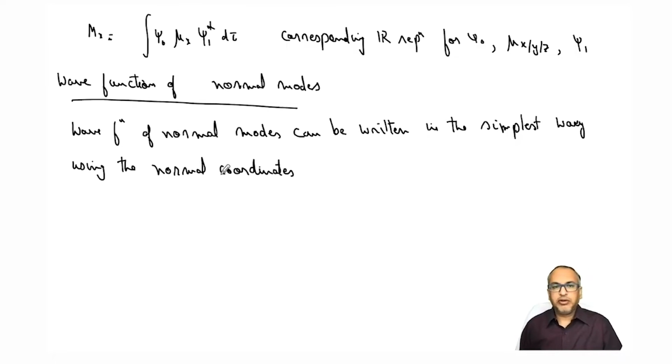So if we know the symmetry of the normal coordinates, we can back-calculate the symmetry of the wave function, right? That means we should know the symmetry of the normal mode, and correspondingly the symmetry of the normal coordinate can be predicted, and from there the symmetry of the wave function can be predicted.